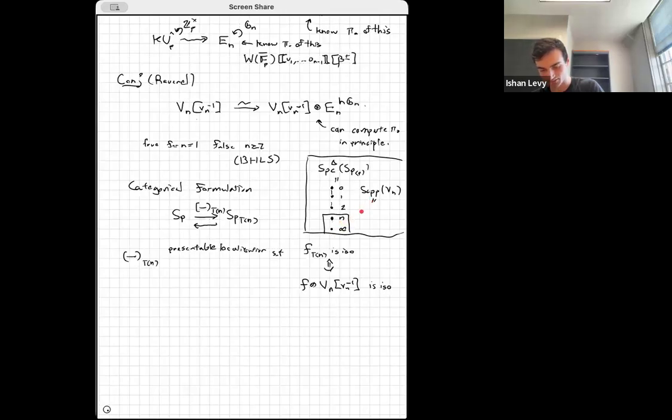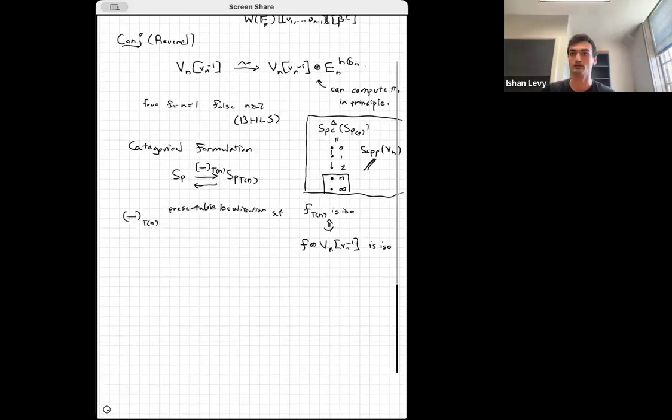That's some closed subset of this topological space, and this localization is exactly the localization that corresponds to the locally closed subset of just the point n. If you don't know what that means, it's not relevant. This is one way to think about what this localization is. It sort of naturally comes from thinking about the geometry of the category of spectra.